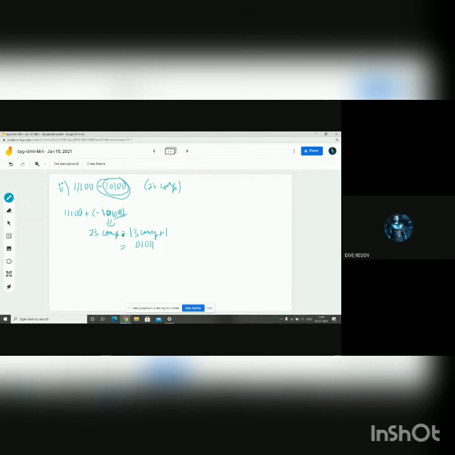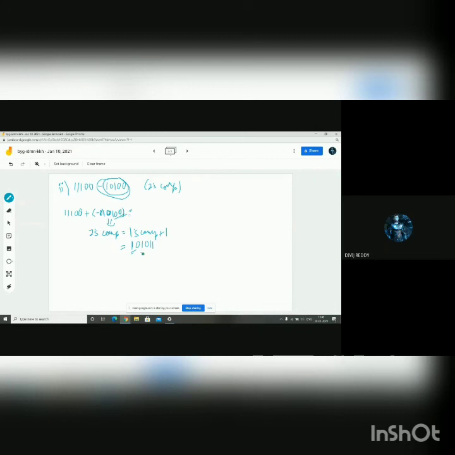Let us take an extra bit here in this number, 0 finally, so that when we take the ones complement we finally get 1, because in all negative numbers the most significant bit is 1. So this is the ones complement of the given number.